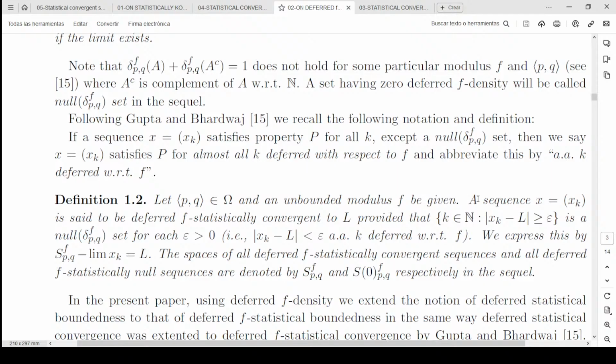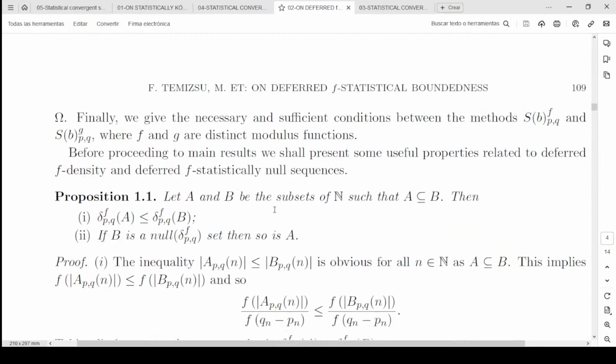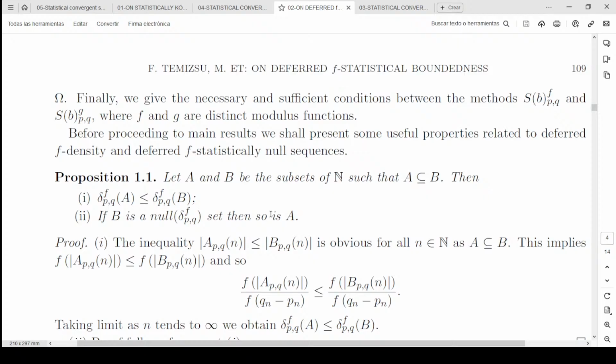So we say that a sequence xk is said to be deferred F statistically convergent to L, provided that this set of natural numbers is a null subset with respect to this new density. So we give some basic results about this type of density.